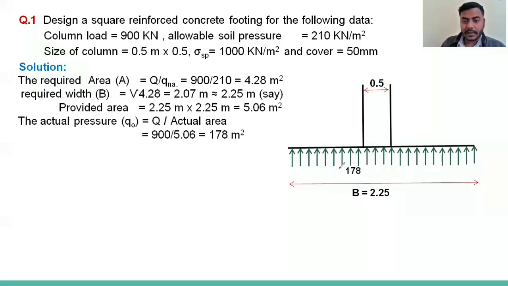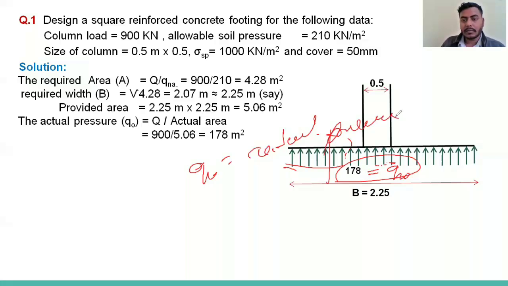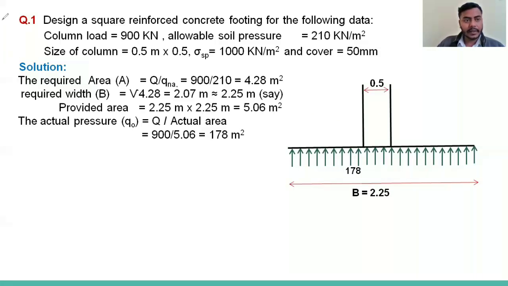So I have written here, this is Q node. This is not UDL. This is Q node, the actual pressure that will develop at the base. Actual pressure, right? Okay. So now we can go for the next procedure.